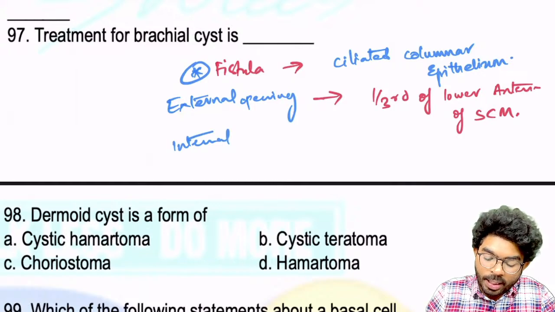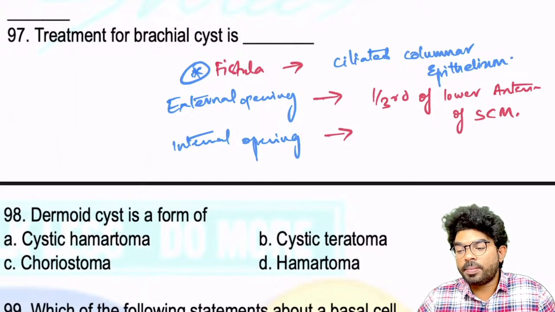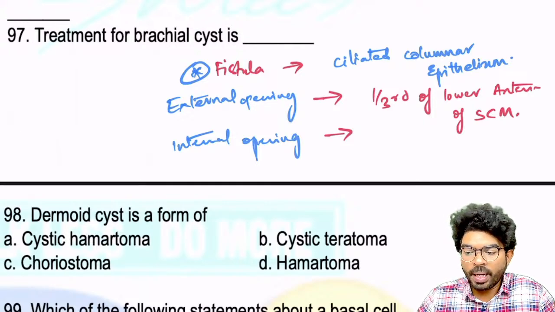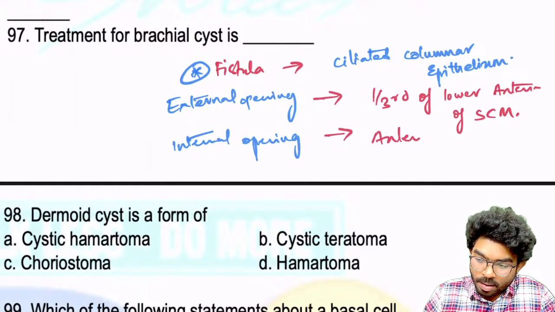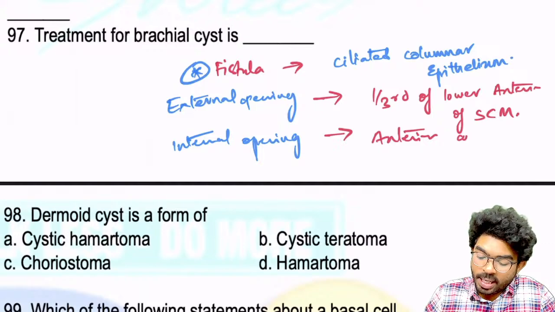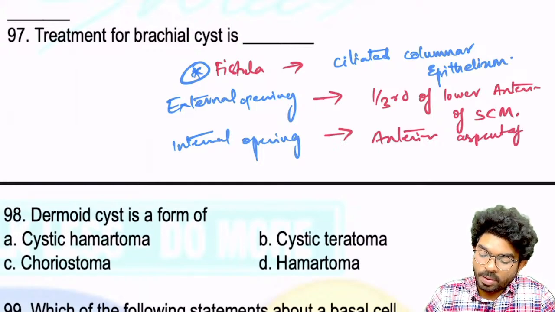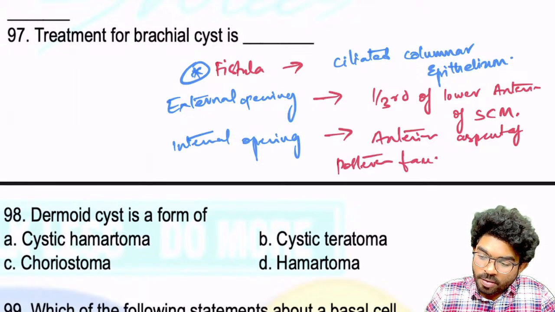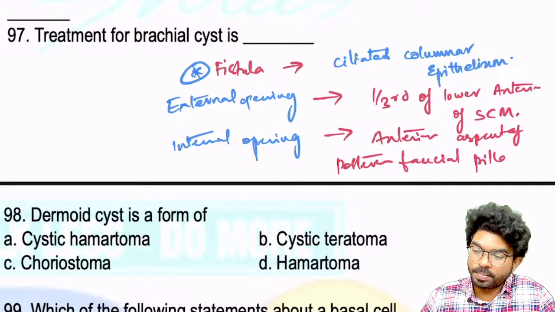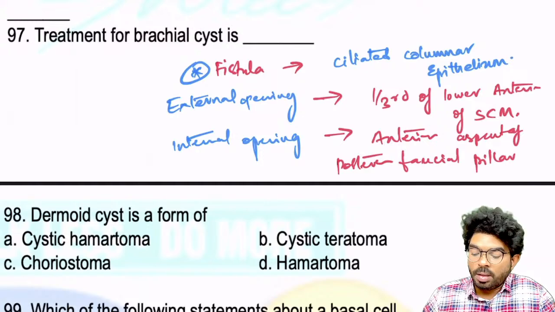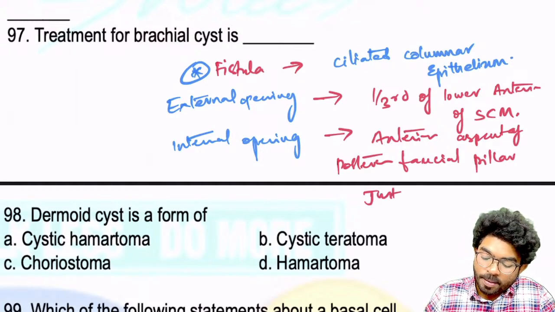Next one, internal opening. The internal opening is seen in the anterior aspect of the posterior faucial pillar, just behind the tonsil.